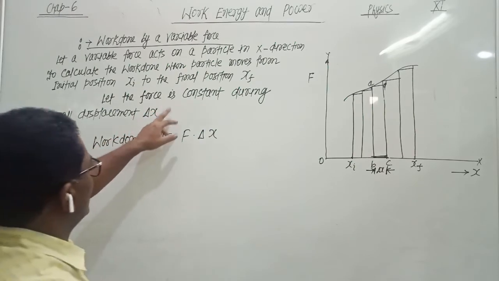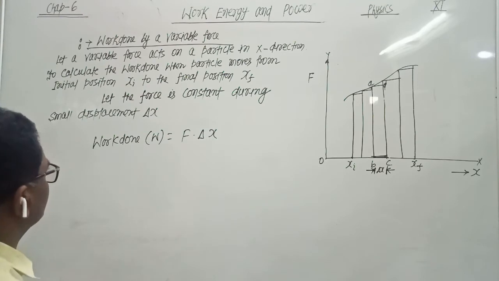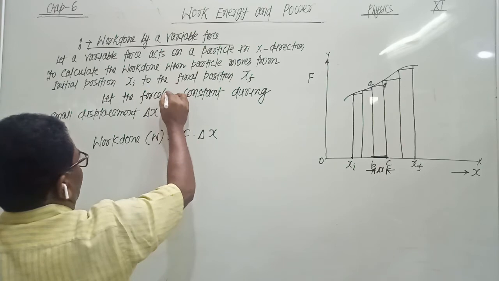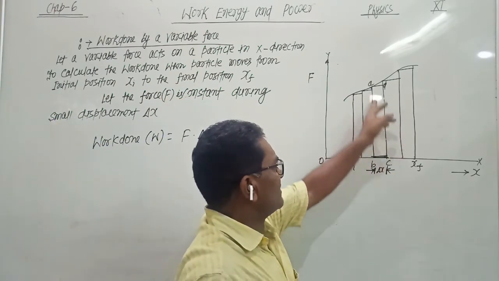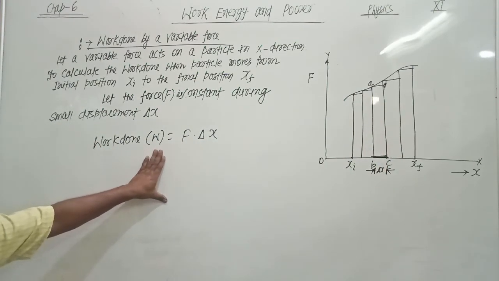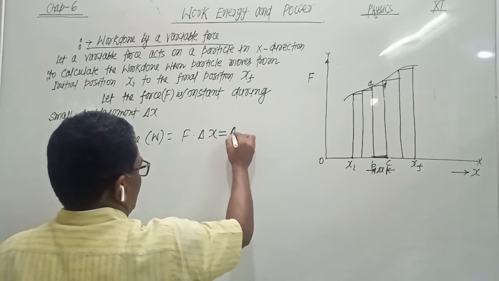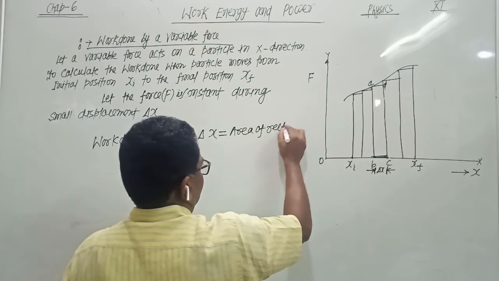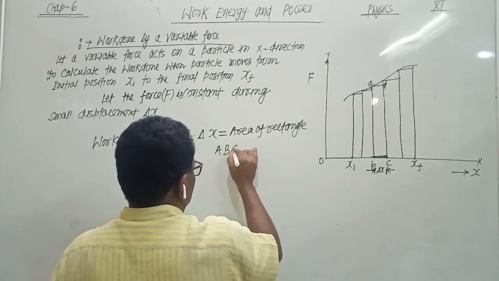Let the force F be constant; we assume that in this interval the force is constant. So work done W equals force into displacement, which is also equal to the area of rectangle ABCD.